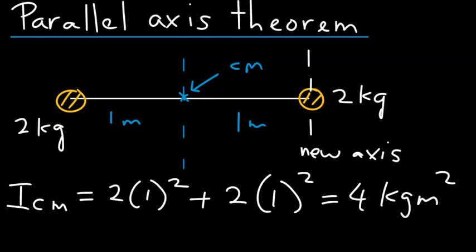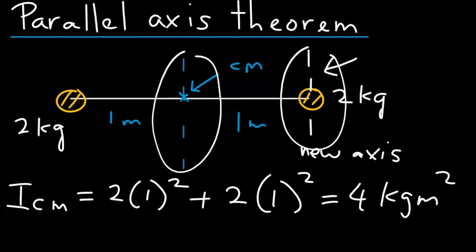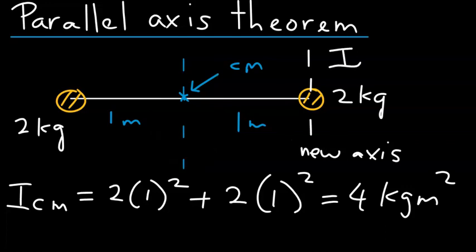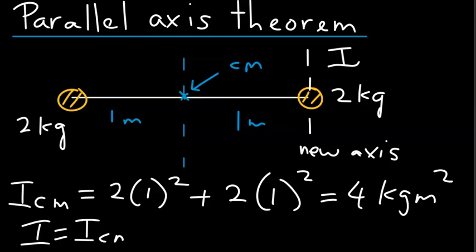Now we want to determine the moment of inertia of the same system about that axis, an axis passing through the 2 kg mass on the right. As you can see, this axis and that axis are parallel to each other, and they are displaced a distance of 1 meter. So the parallel axis theorem should work. Let's call the moment of inertia about that axis I. So I is given by I_cm, which we have computed above, 4, plus a term that is dependent on the square of the distance between these two axes.